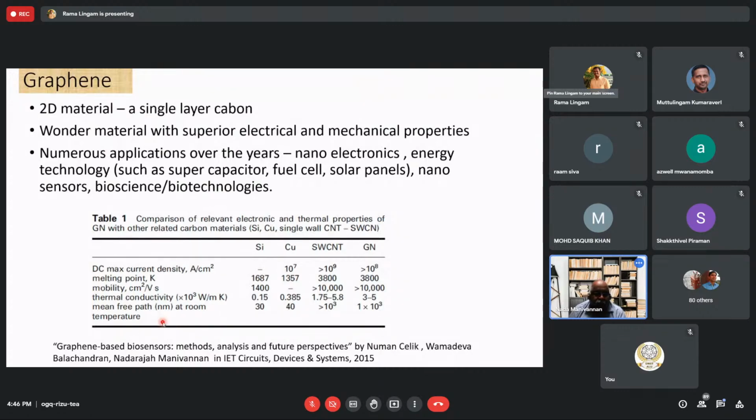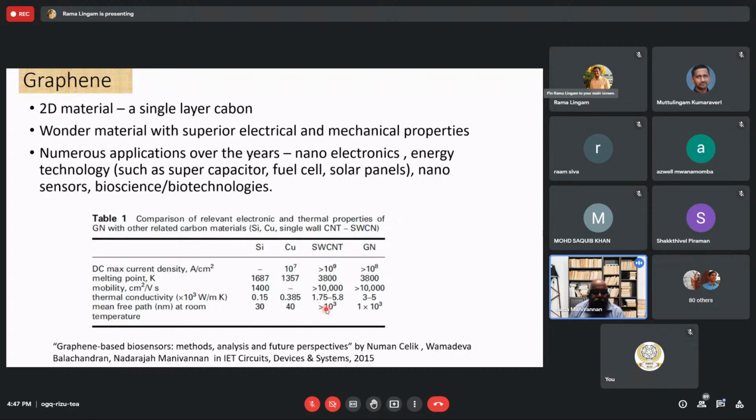And I just picked up this table from another paper written by my student, where you can find the difference between the properties of the DC current density, melting point, mobility, thermal conductivity, and mean free path at room temperature. You can clearly see the last column is graphene. GN means graphene. The others are silicon, copper, I don't know what XSWC is, and I think carbon nanotube.